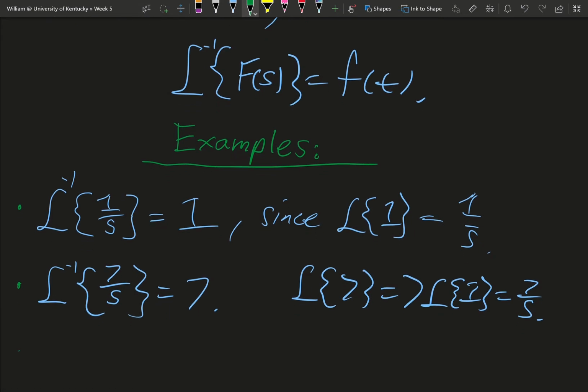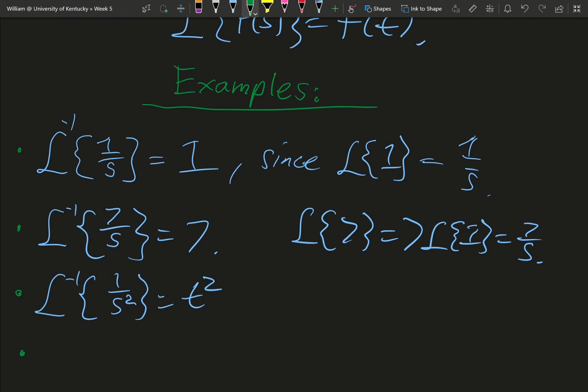The inverse Laplace transform of 1 over s squared is similarly t, and the inverse Laplace transform of 1 over s minus a is e to the at.